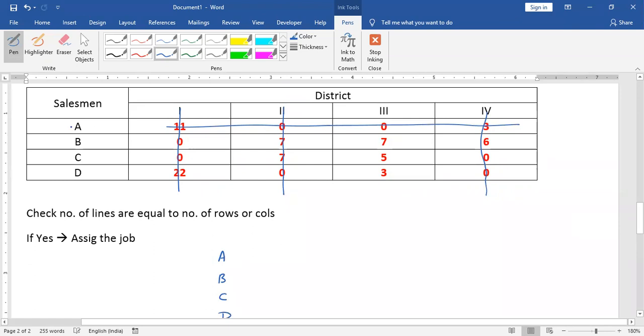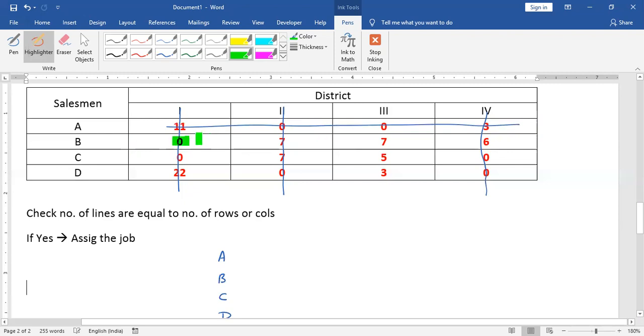If we're talking about the first row, how many zeros are there? 1, 2, 2 zeros are there. And I told you in the previous lecture, we are not going to assign where you find 2 zeros. If we're talking about person B, there is a single zero. I will assign to this.